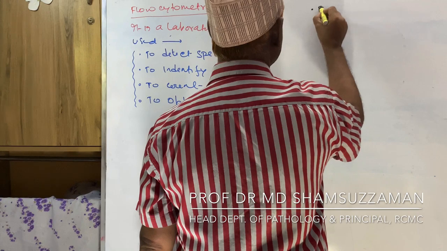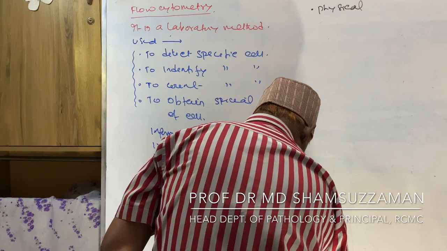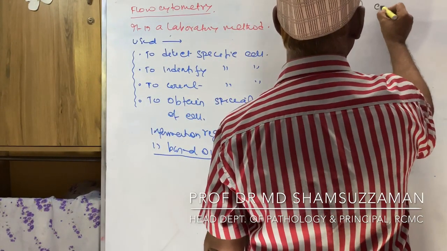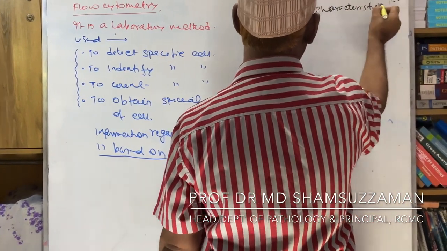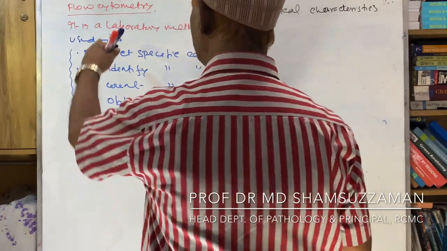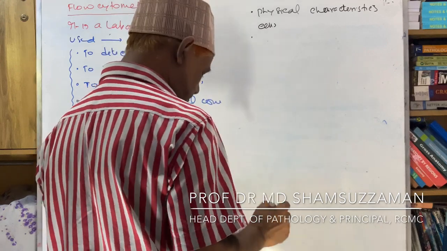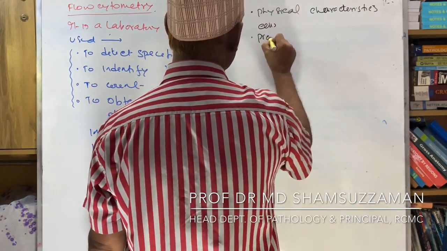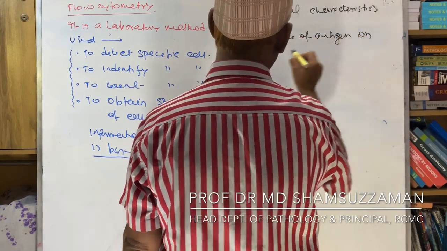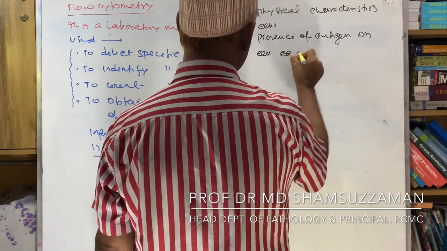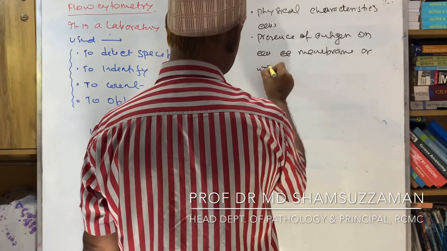One is the physical characteristics of the cell, and it is also based on the presence of antigen on the cell membrane or within the cell.